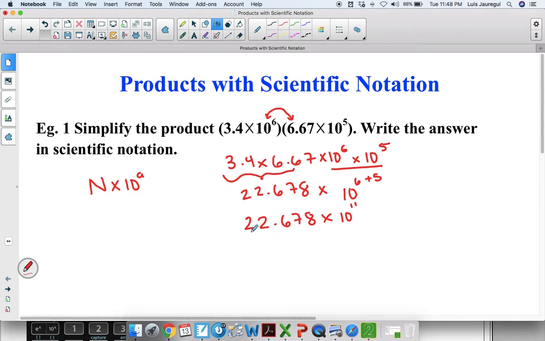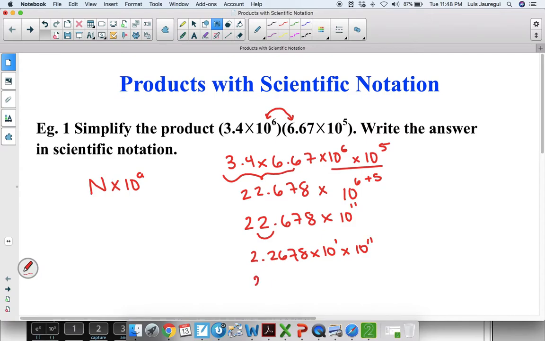However, notice that this particular value is not between 1 and 10. So to fix that, we're going to move the decimal point once. So we get 2.2678 times 10 to the first power, since we moved it once, and then times 10 to the 11th power.